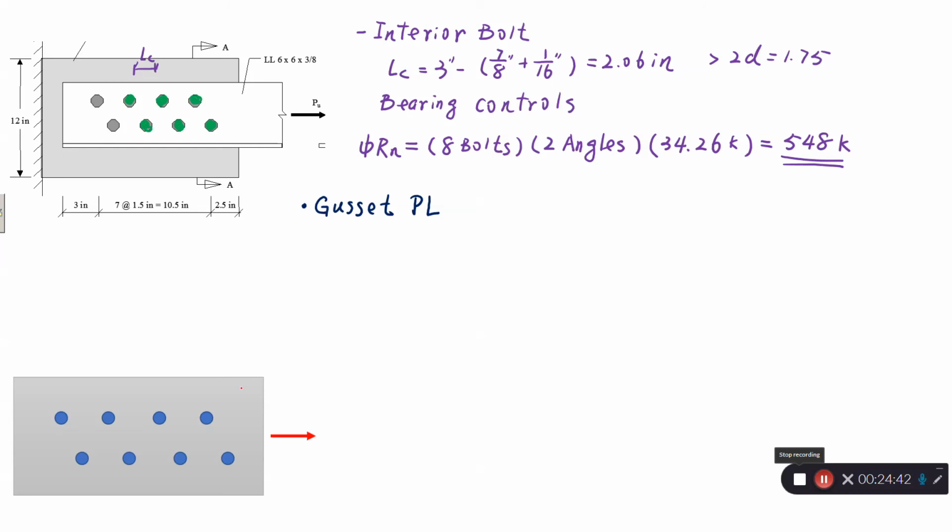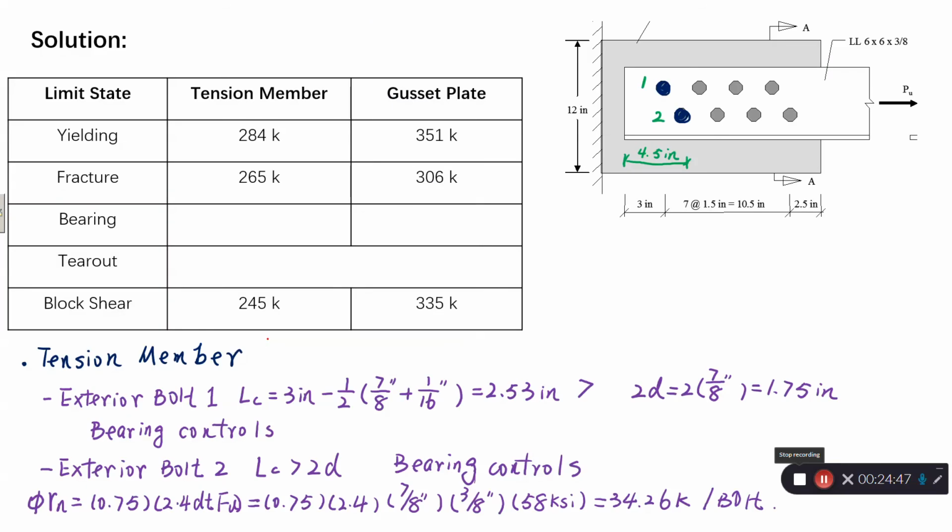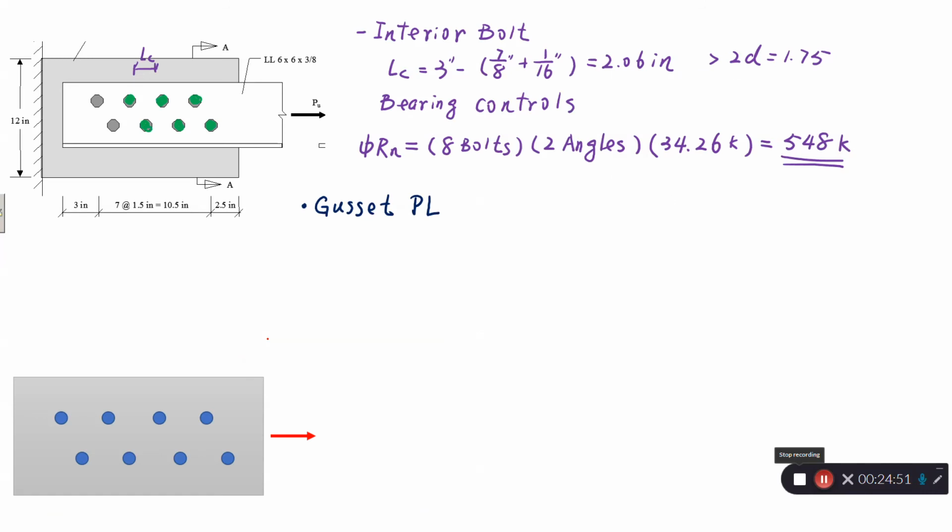So if they pull it out this way, it means these two are going to be your exterior bolts, exterior bolt 1 and 2, because your angle is pulling this way and makes these two holes your edge holes, and all the others are going to be your interior bolts. And the distance from the center of bolt 2 is just 2.5, so this one will be more critical.